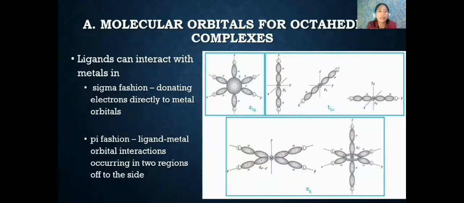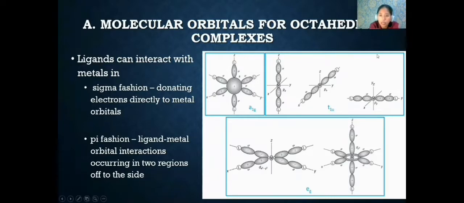Okay, so we have here molecular orbitals for octahedral complexes. Ligands can interact with metals in sigma fashion, meaning they are donating electrons directly to the metal orbitals. This is an end-to-end connection. And we have the pi fashion, which means that ligand-metal orbital interactions occur in two regions off to the side.